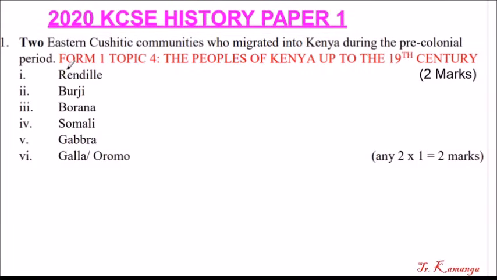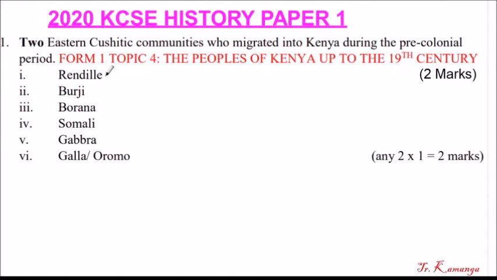This question is from Form 1, Topic 4, the peoples of Kenya up to the 19th century. So the two Eastern Cushitic communities that migrated into Kenya during the pre-colonial period were Rendille, Burji, Borana, Somali, Gabra, Garre, or sometimes they are called Oromo. So you can see 2 times 1.